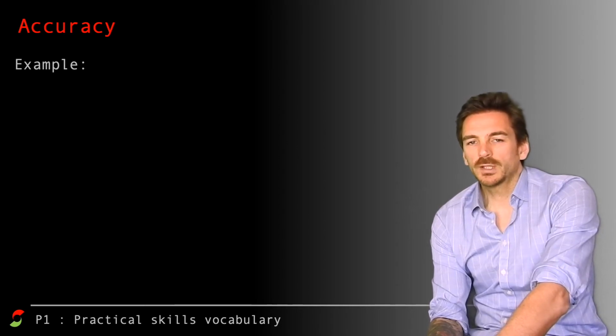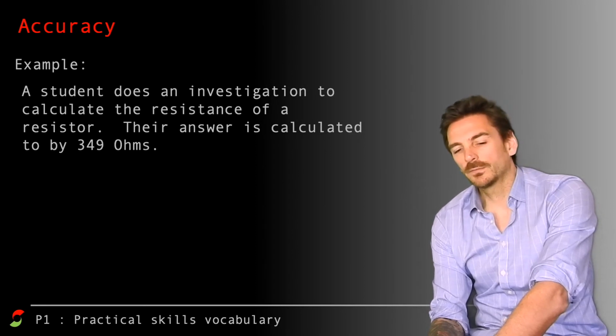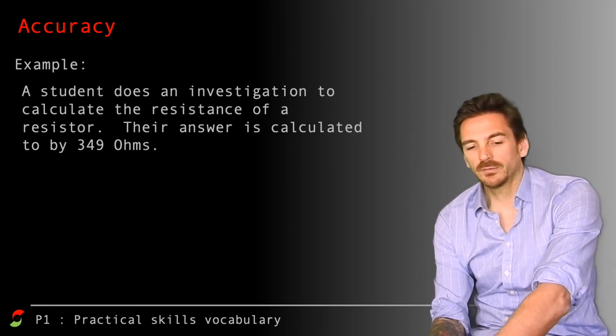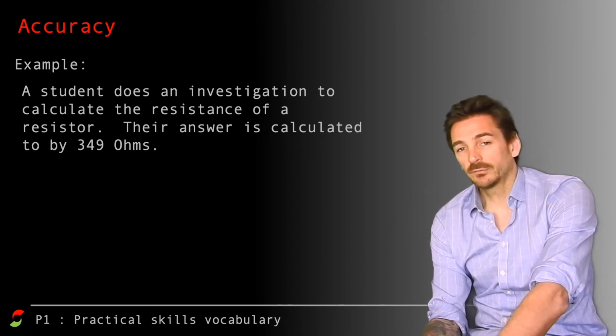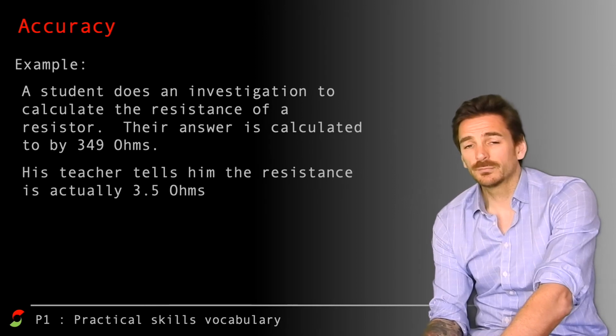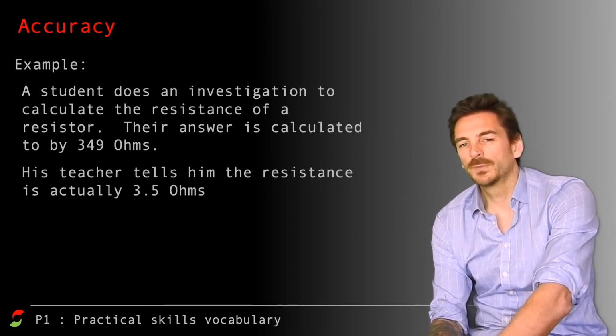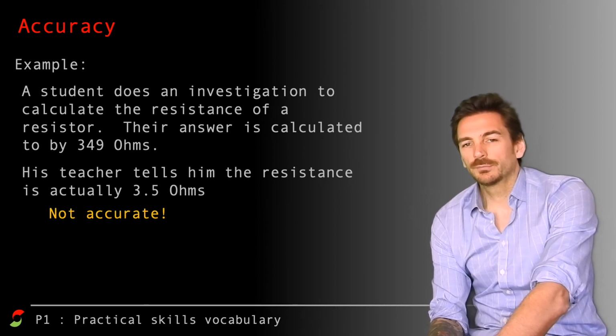Let's have another example. Let's say a student is looking into resistors, and they get a calculated answer of 349 ohms. And they go to the teacher and say, I've got 349 ohms. The teacher says, well done. However, it should be 3.5 ohms. They're nowhere near each other, so they're not accurate.